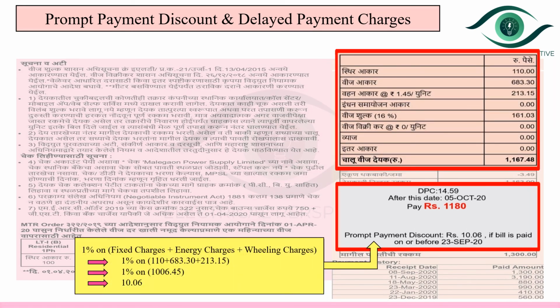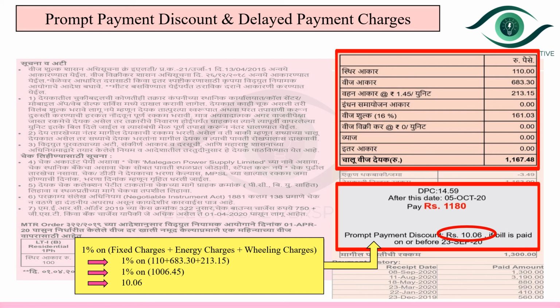Now you see here the prompt payment discount of rupees 10.06 is given to the consumer if the bill is paid on or before 23rd September 20. What do we mean by prompt payment discount? It is a discount of 1% of the monthly bill, excluding the taxes and duties, given to the consumer for payment of the electricity bill within 7 days from the date of issue.